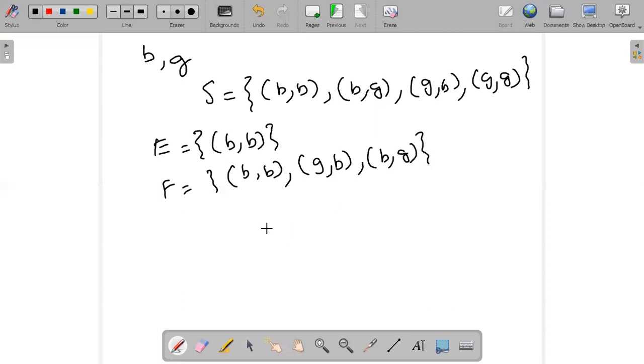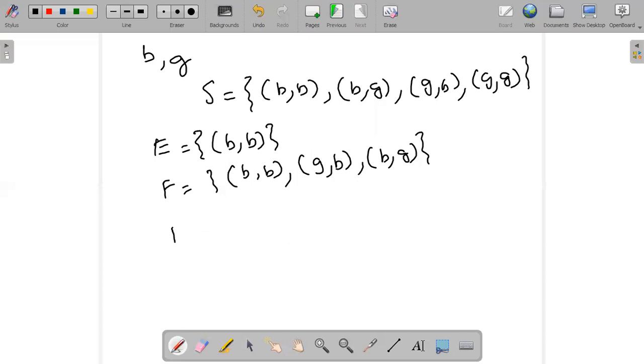Now, our question is: what is the probability that both the children are boys, given that at least one of them is a boy?